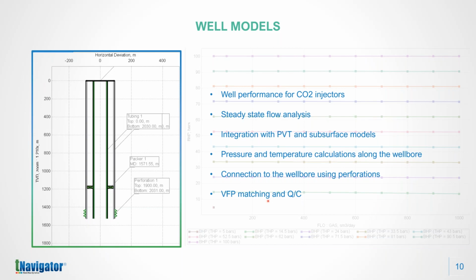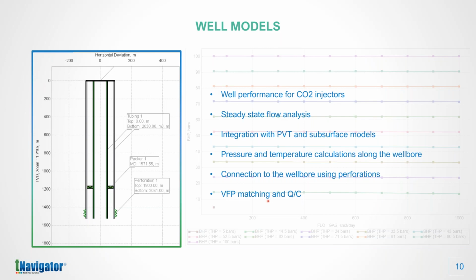Therefore, we might have some uncertainty on the wellbore level. So we can create injector models in tNavigator. We can incorporate them with the PVT models, and we can connect injectors with the surface network.